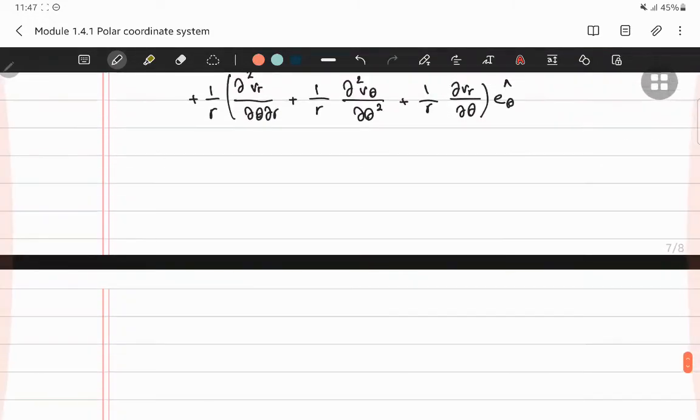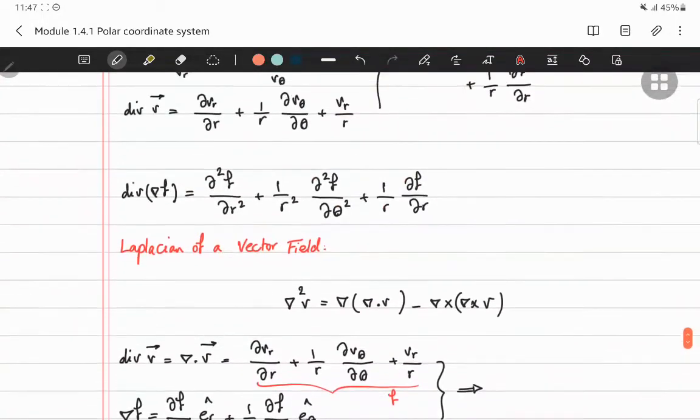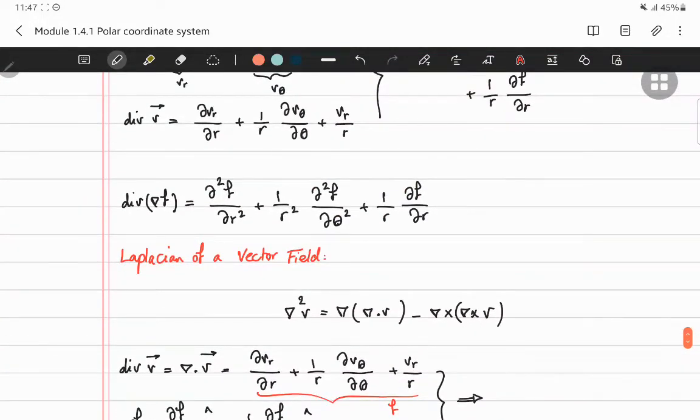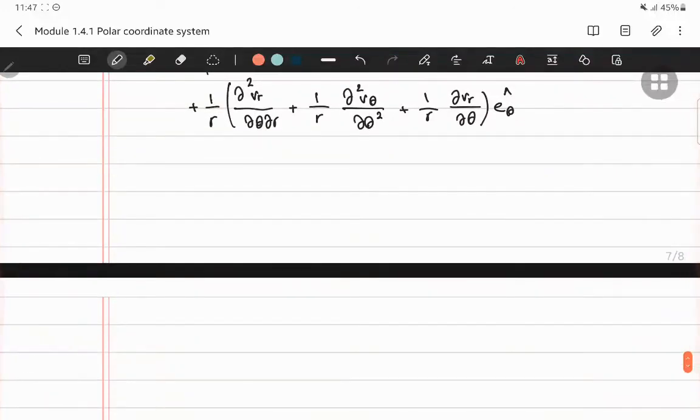So next, we have this curl of v. So we know that del cross v, we already calculated this, is partial derivative of v theta with respect to r plus v theta divided by r minus 1 divided by r, partial derivative of vr with respect to theta e3, if you remember.